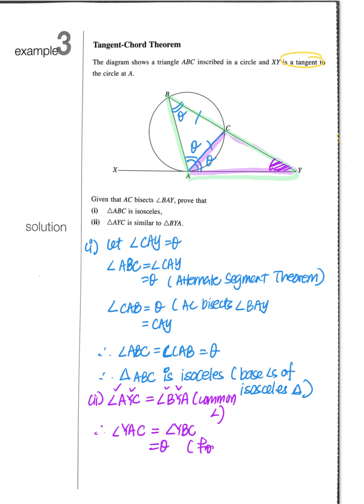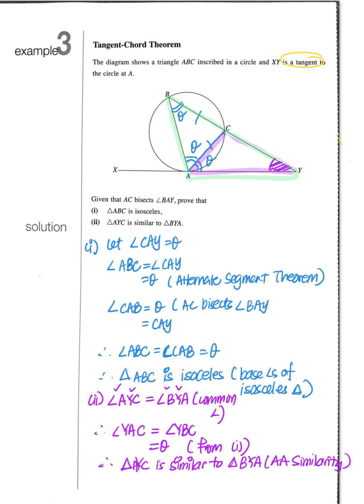This one is from part 1. So therefore, triangle YAC is similar to triangle BYA. AA similarity.